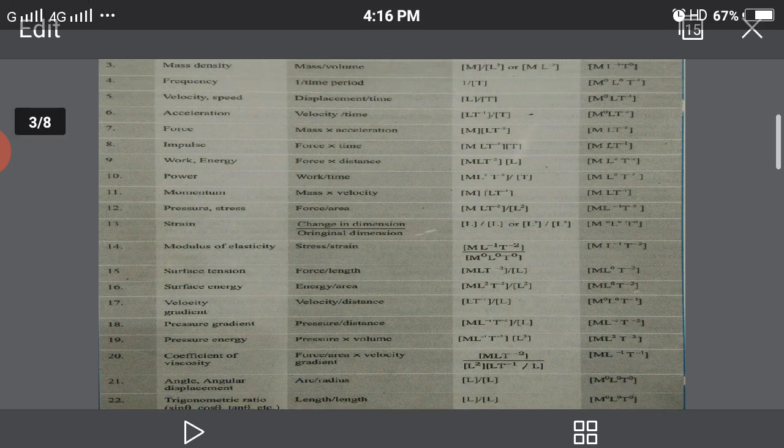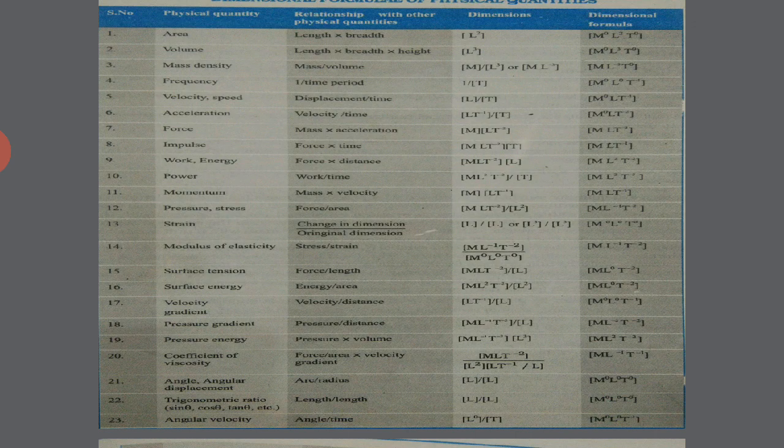Next is acceleration. We all know acceleration is velocity upon time, and the final formula for velocity was M0 L T minus 1, upon T, so M0 L T minus 2 will be the formula for acceleration. Force, mass into acceleration, M L T minus 2.